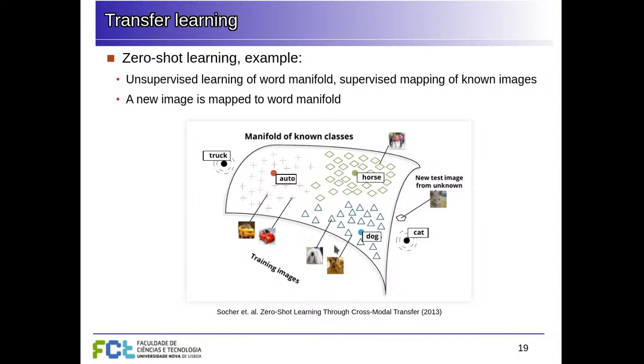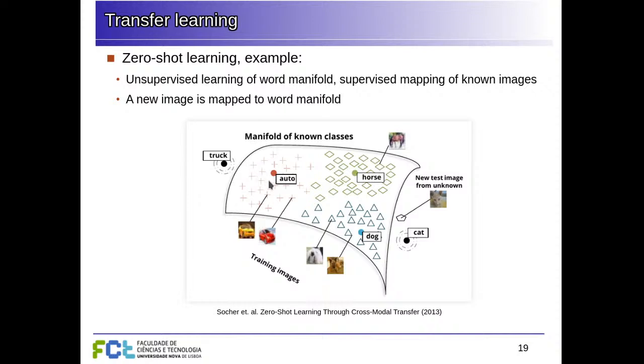And then we can use supervised learning to map between a set of labeled images and particular words. So we have a horse being mapped here, dogs being mapped here, and so on, because we know which words correspond to the image.